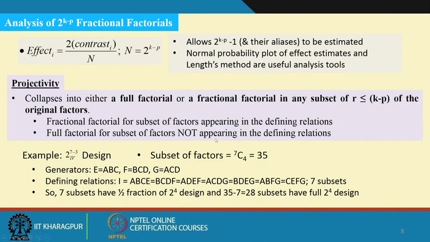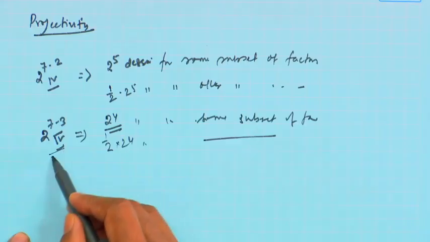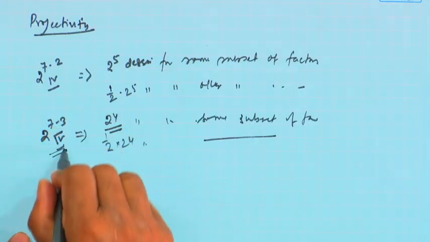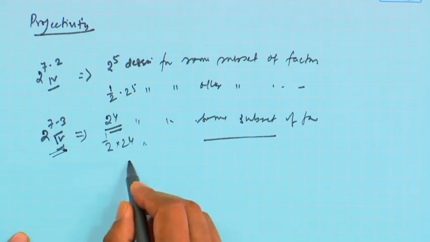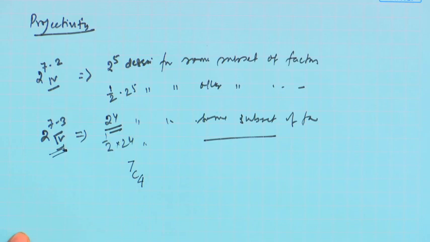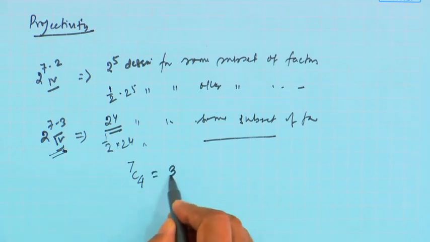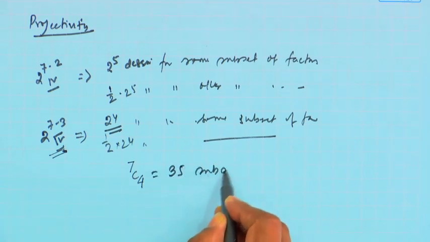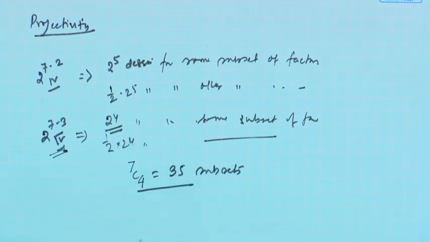So, we start with this 2 to the power 7 minus 3, resolution 4 design. Okay. What is the total number of subsets? We require 4 factors at a time, so this will give you 35 subsets. If you see the defining relations, 7 subsets will appear in the defining relations.